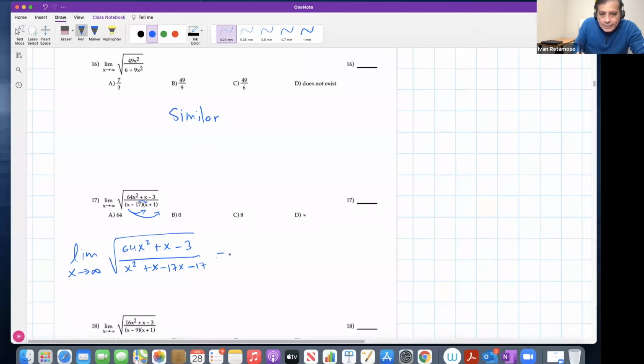This is what we get. Simplifying further, meaning combining like terms in the middle, you should get this 64x squared plus x minus 3 on the numerator. On the denominator, x squared, 1x minus 17x is just negative 16x, right? Minus 17. This is what you get.